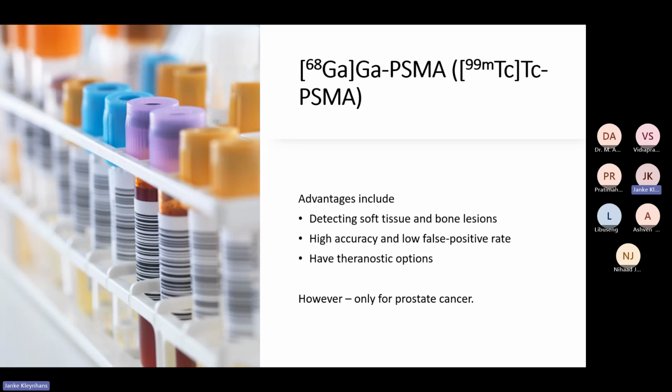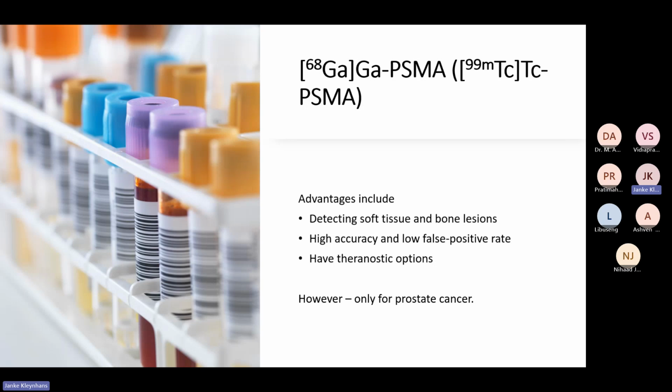Where your bone agents normally just stick to the surface of the bone, the therapeutic capacity is only palliative because they do not penetrate these bone lesions. Your prostate-specific membrane antigen gets internalized and often also irradiates the tumor from the inside. So it is actually treating the cancer lesions and reducing the amount of metastases.